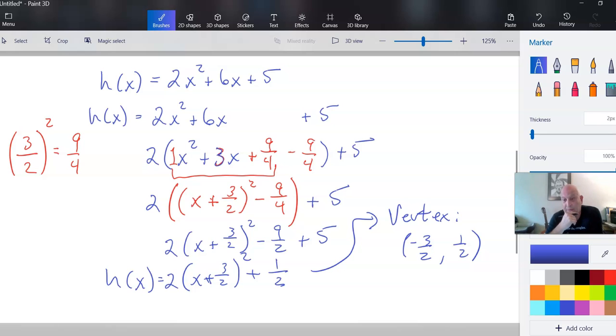And that's the point of being able to put it into this vertex form, or this standard form, because it makes it very easy to graph. Once you start with the vertex, even if you don't know anything else about parabolas, you can just plug in points on either side of that vertex to figure out other points until you have a shape. So it really is a handy thing to have.